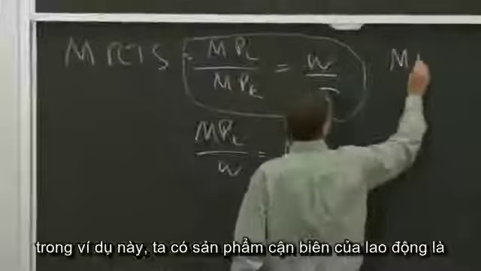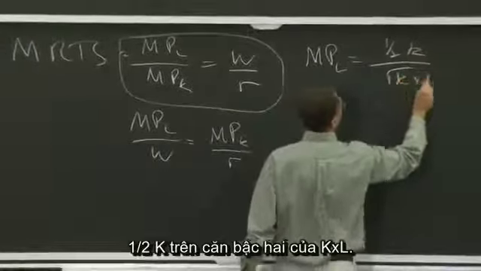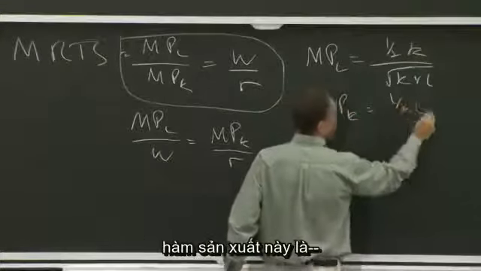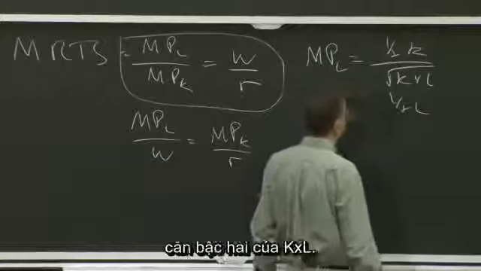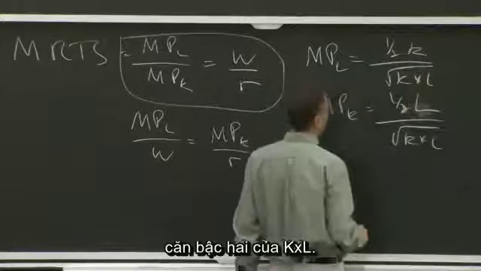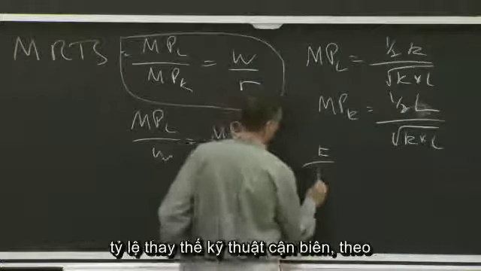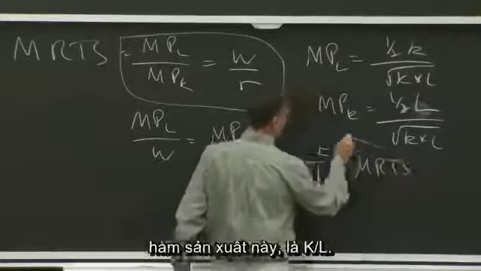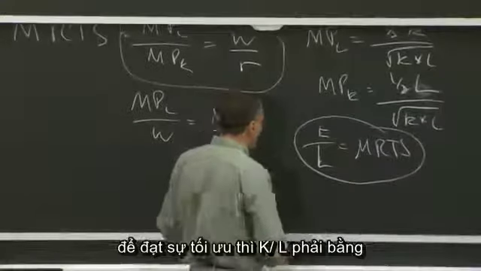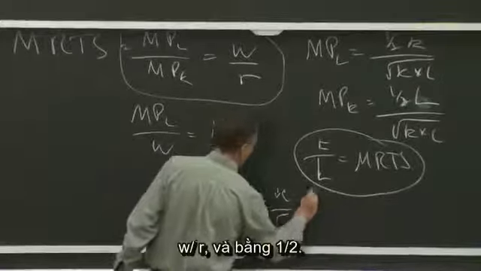The marginal product of labor is 1/2 K over the square root of K times L. The marginal product of capital from this production function, Q equals the square root of K times L, is 1/2 L over the square root of K times L. So the ratio of the marginal products is simply K over L. The marginal rate of technical substitution, given this production function, is K over L. So given this production function and these prices, at the optimum you should set K over L equal to W over R, which equals 1/2.